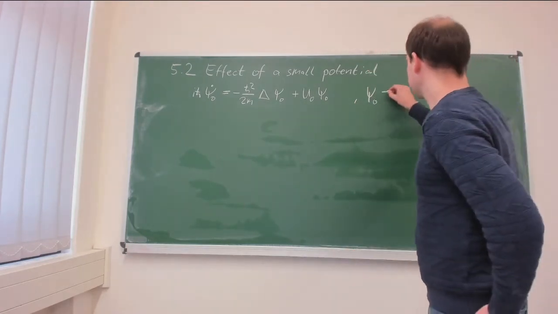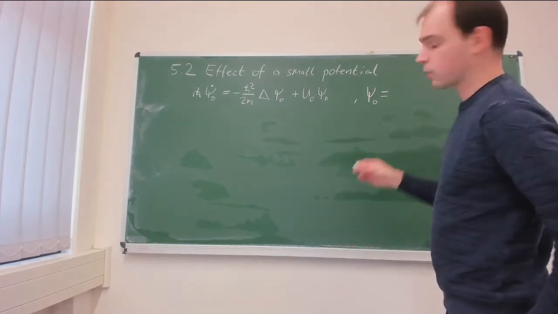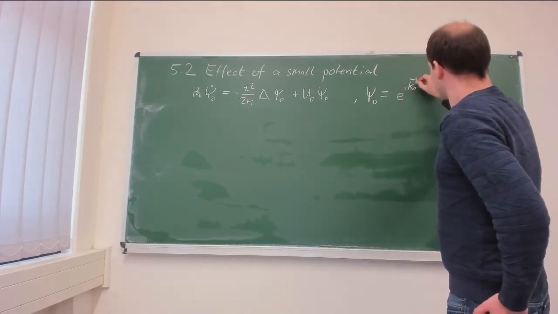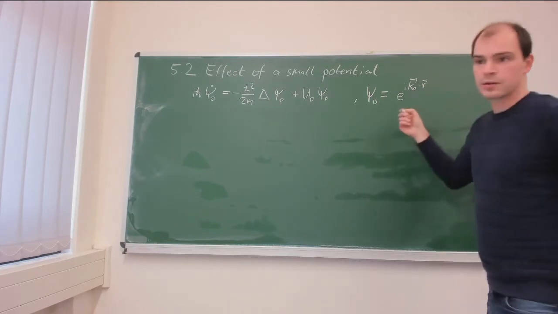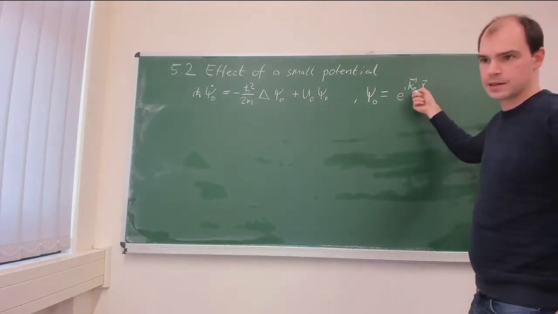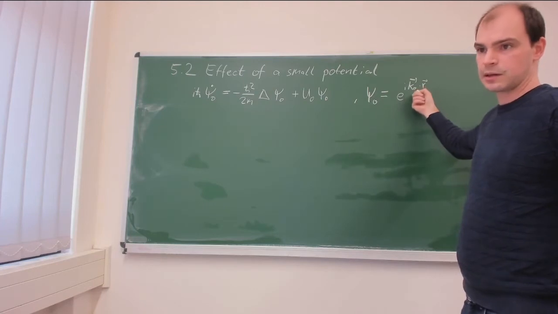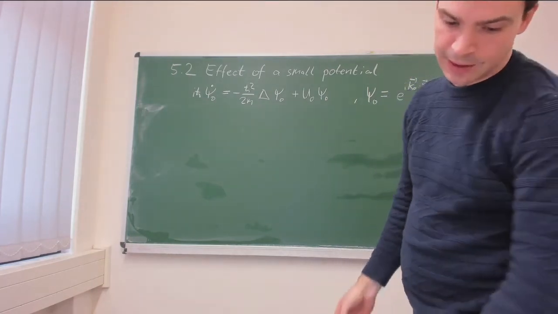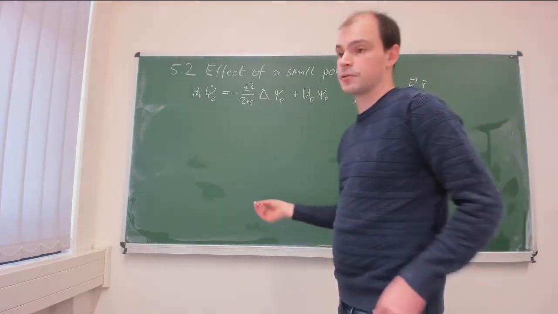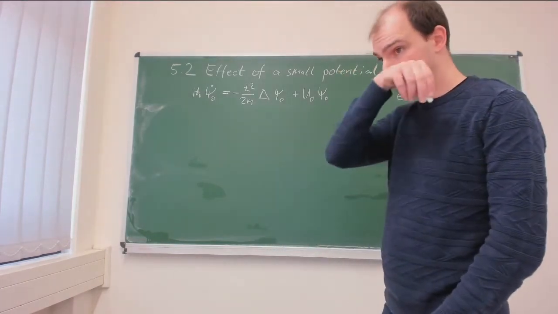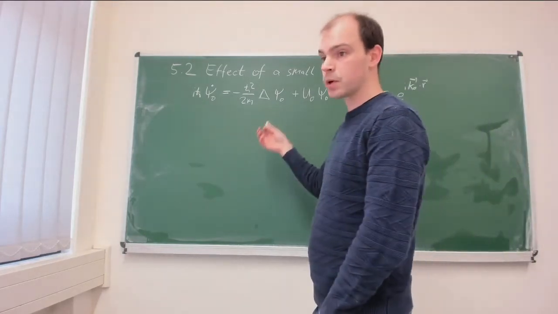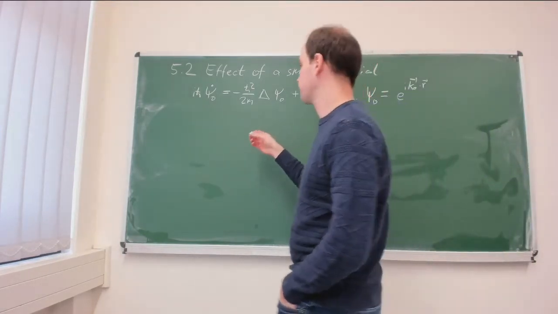So ψ0 is approximately e^(i k0·r). So it's just a plane wave propagating along some direction that is given by this wave vector k0. And now we want to solve the Schrödinger equation with the gravitational potential.